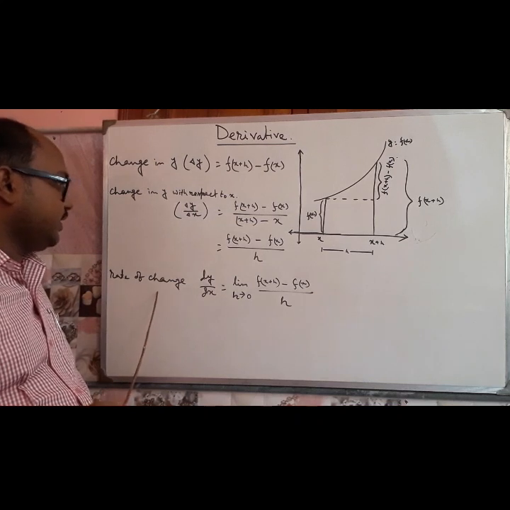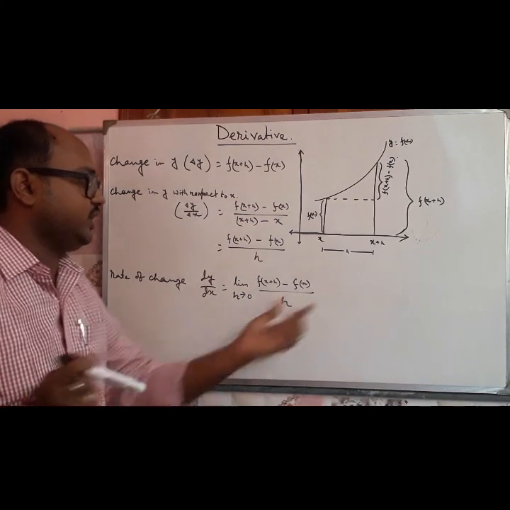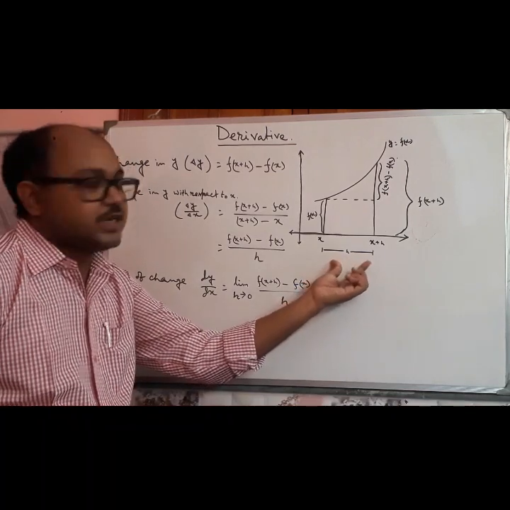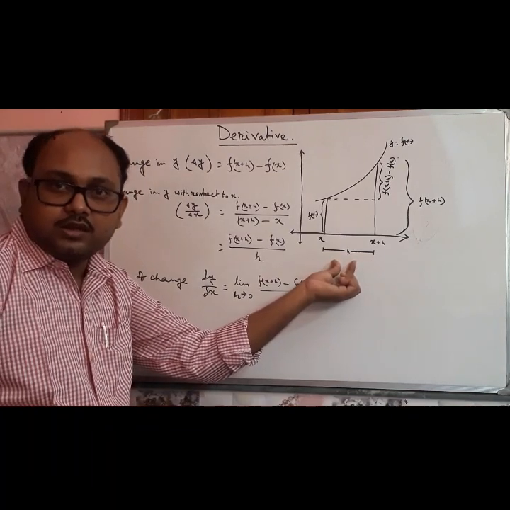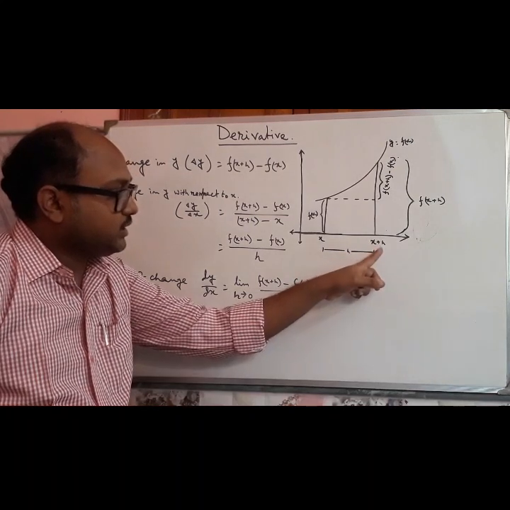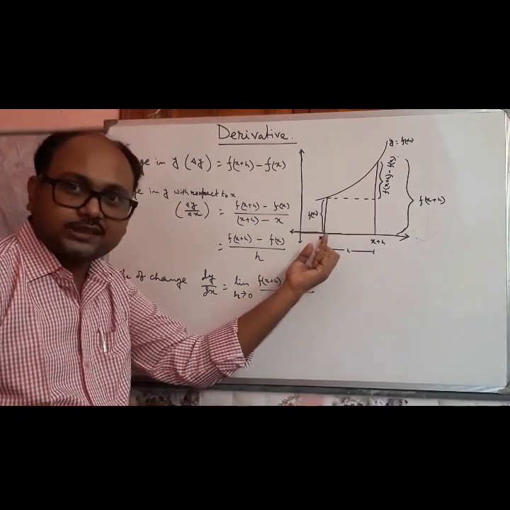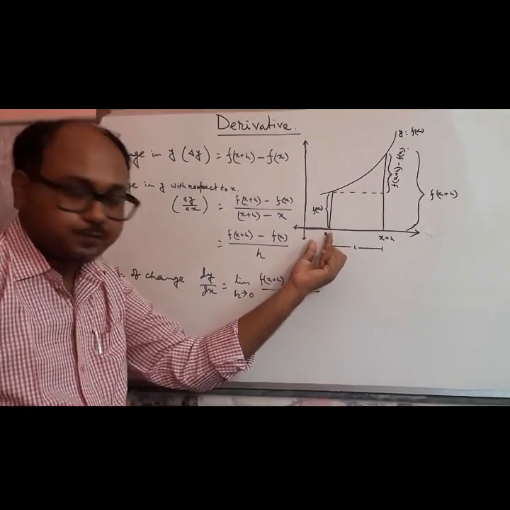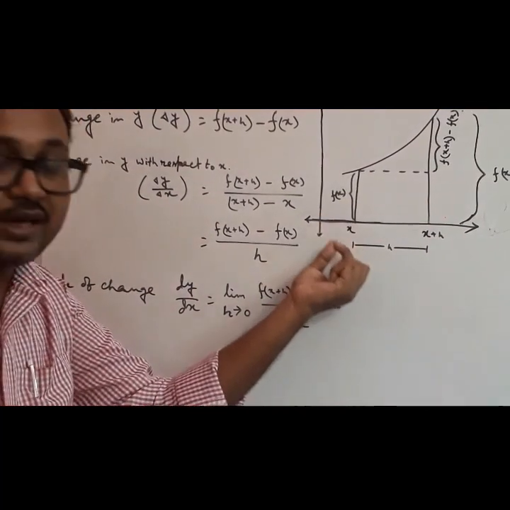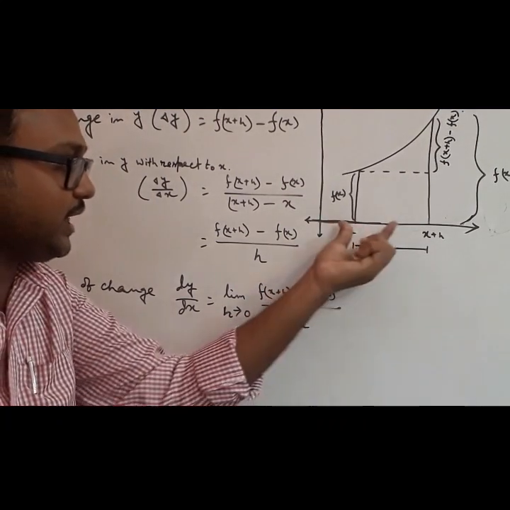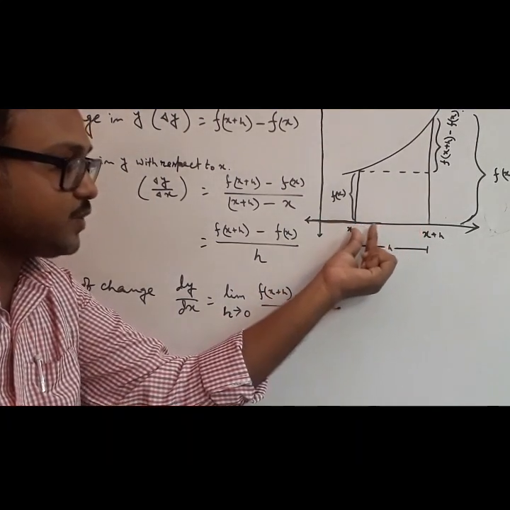Now the rate of change, if we take this interval, it is a very small interval. If h tends to 0, then this x plus h comes very near to x, then we will get the differentiation or the rate of change at this particular point x, as this h becomes very small.